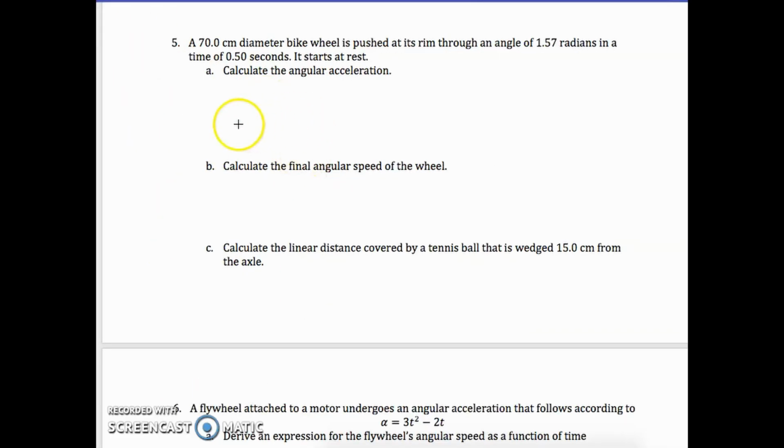All right, some more angular kinematic problems. We have a bike wheel that's 70 centimeters in diameter. Now, if the diameter is 70 centimeters, that means the radius is 35 centimeters.